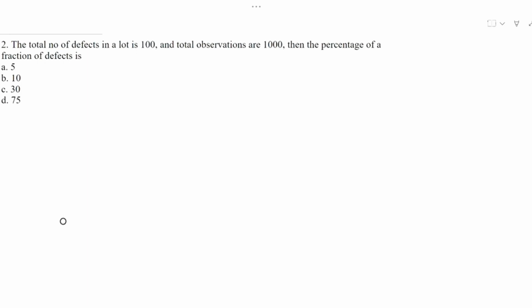The total number of defects in a lot is 100 and the total observations are 1000. Then the percentage of the fraction of defects is? So here it is asked about the percentage of the fraction of defects.